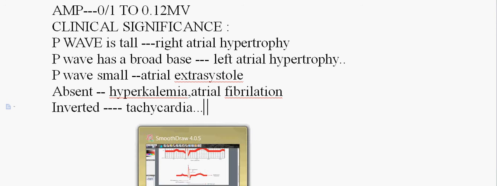And if the P wave looks inverted, we might say that the patient has a fast heart rate, that is tachycardia. So the P wave has the potential to show many diagnoses. And next we are going to focus on the QRS complex.